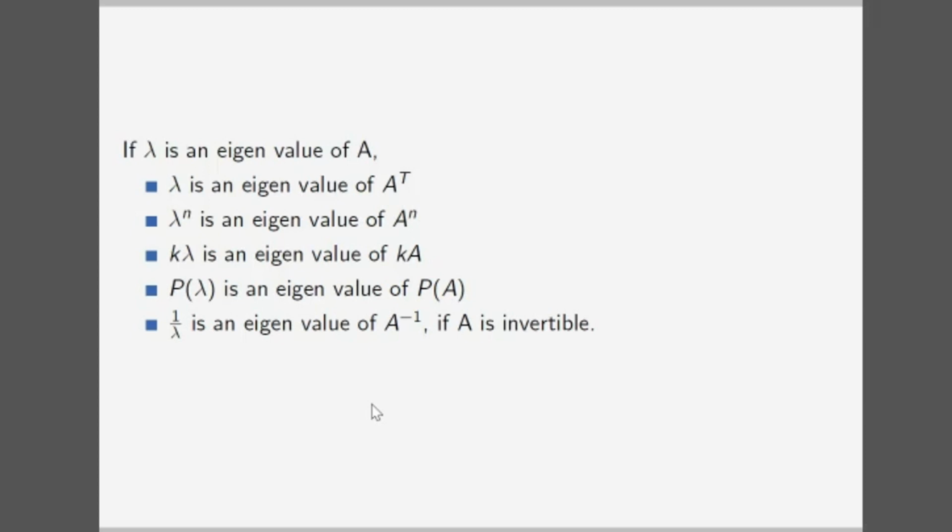Then lambda power n is an eigenvalue of A power n. K lambda is an eigenvalue of kA. If P of A is a polynomial which involves the matrix A, then P of lambda is an eigenvalue of P of A. Then if A is invertible, then 1 by lambda will be an eigenvalue of A inverse.